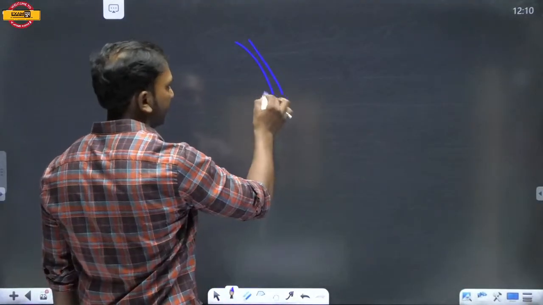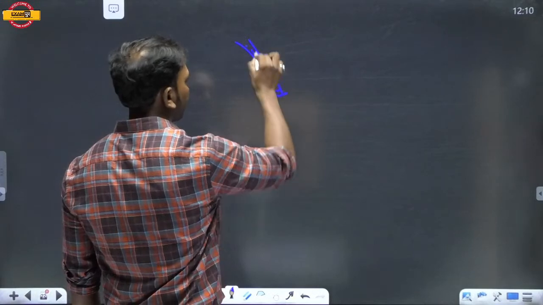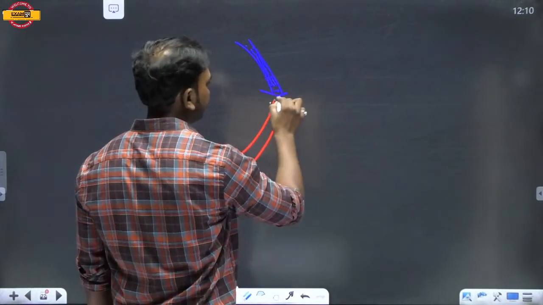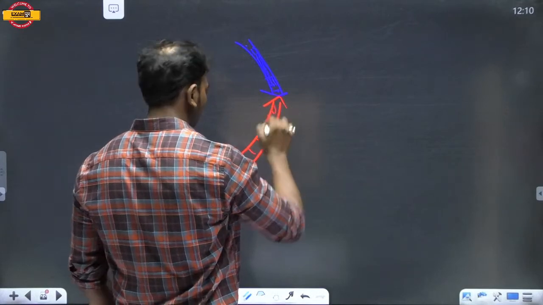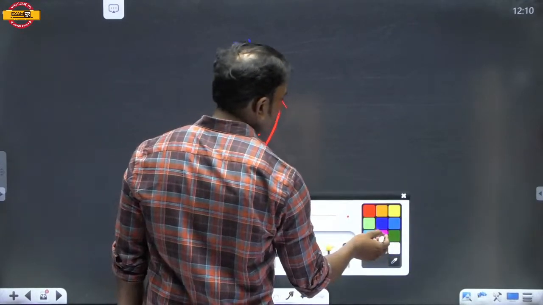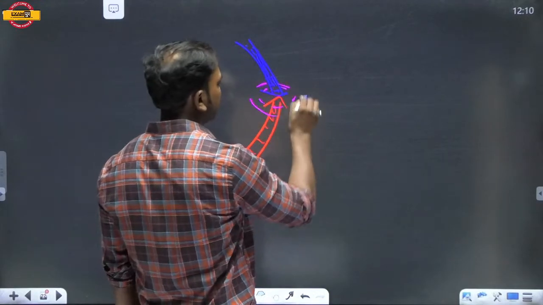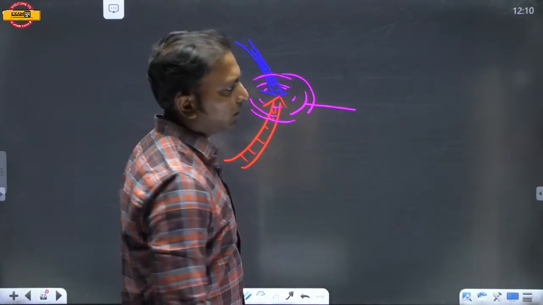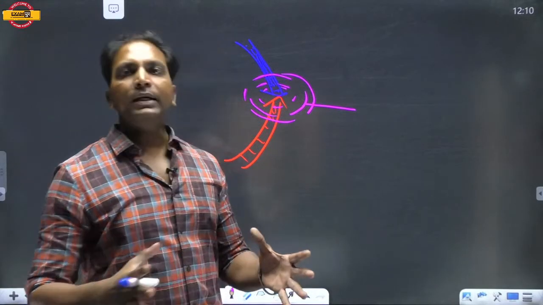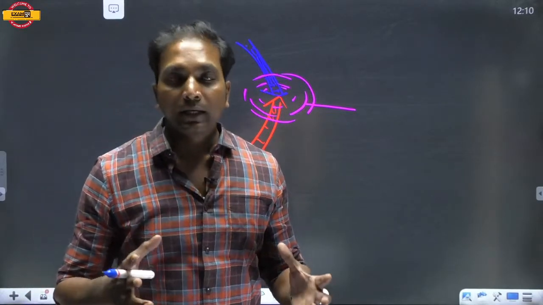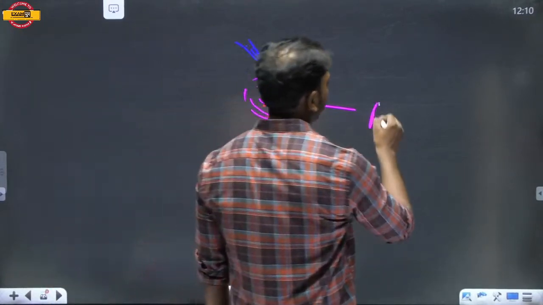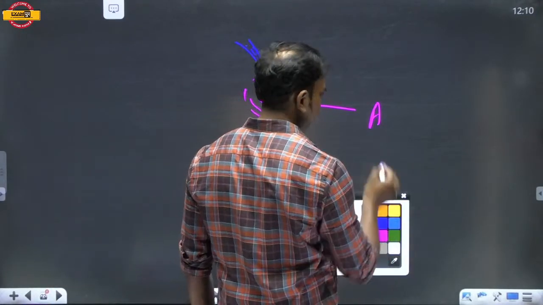From this side, a cold current is coming, and from this side a warm current is coming. When these two meet at this place, because of the different heat of these two currents, advection fog will form.